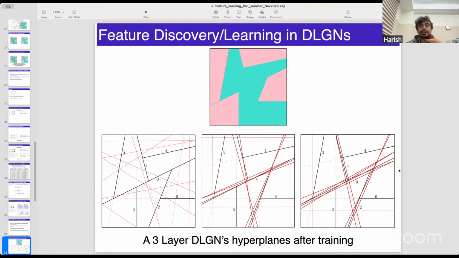And that's given by the red lines here, aligning with the black lines of the decision tree. And you can see that the root node, which is node 0 here, has more hyperplanes close to it than the others. This is intentional, right? This is the notion of hierarchy that we actually see for this particular setup.